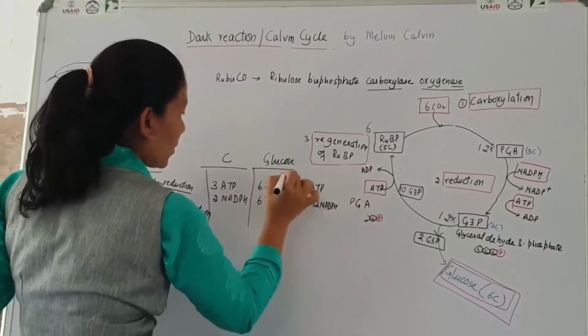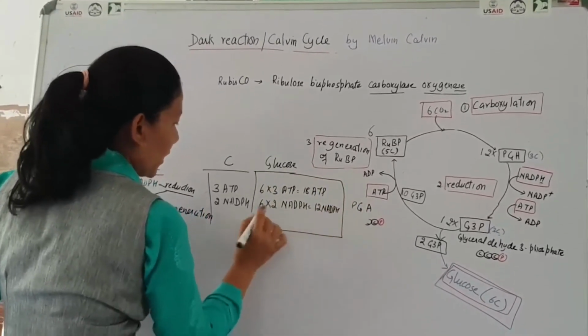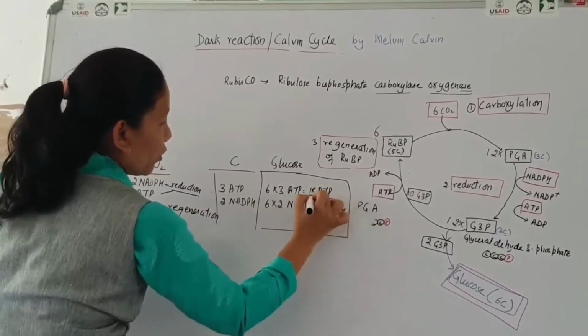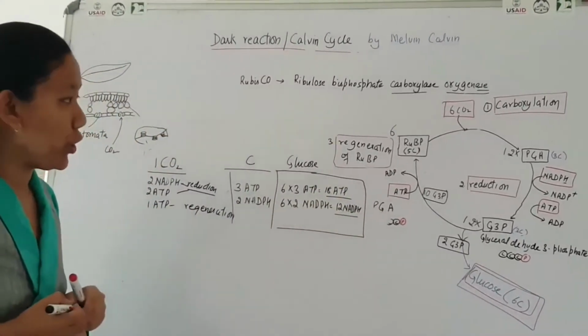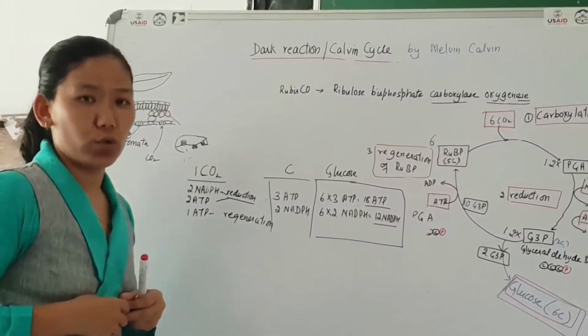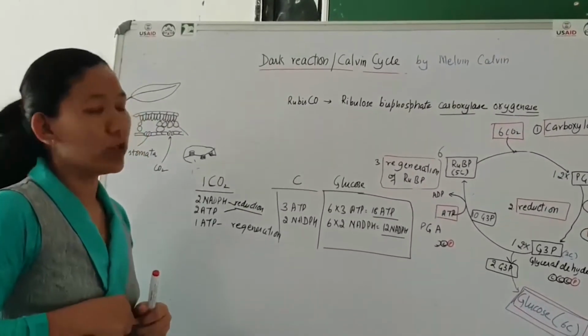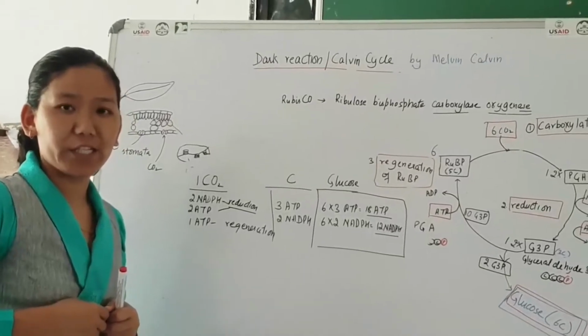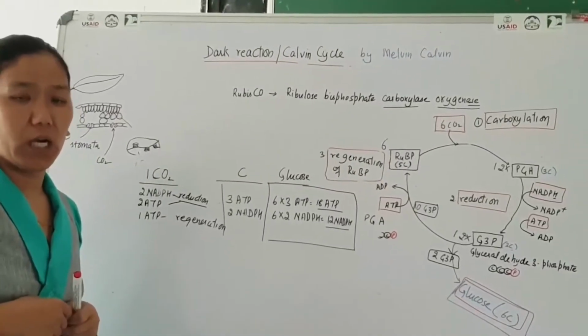So this is the amount of energy, or the product of light reaction, utilized in the dark reaction in the synthesis of glucose. So for photosynthesis to occur, light reaction and dark reaction must occur.